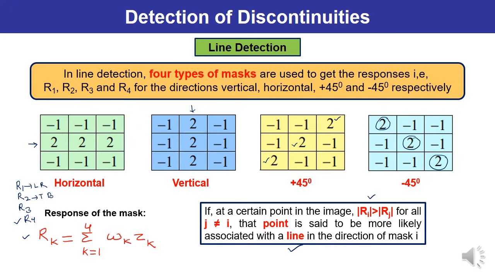So this is how the line which is more likely to be associated with the orientation of the mask is being considered, and the final maximum response, you must remember this point, can be defined as the maximum of all these values which you are getting from the mask, and that line is associated with the mask. So I hope now the discontinuity which is being identified as a line must be clear to you, and how to apply the mask as well.